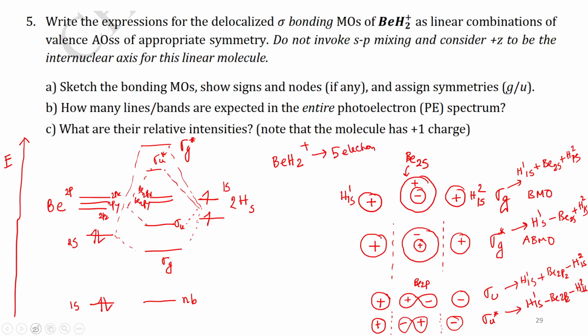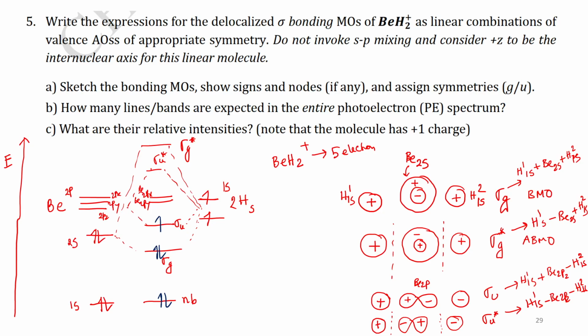So let us fill that. 2, 4, 5. Okay. Now we have drawn the MOs, we have shown the signs and the nodes, we have assigned the symmetry Gerade or Ungerade. Now question B says how many lines or bands are expected in the entire photoelectron spectrum.